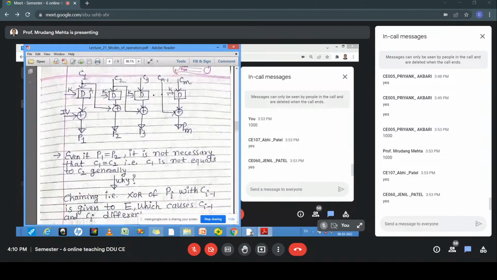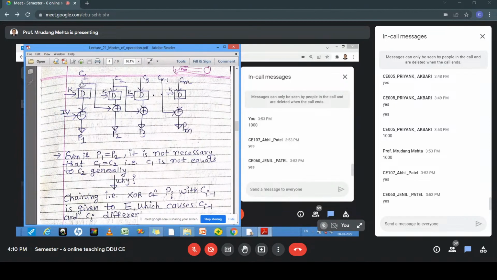So if you see the diagram, C1 goes to D with key K, which generates some intermediate plain text. That intermediate plain text is XORed with the initial vector. And remember that the initial vector is shared secretly between the sender and the receiver, and that generates plain text P1.